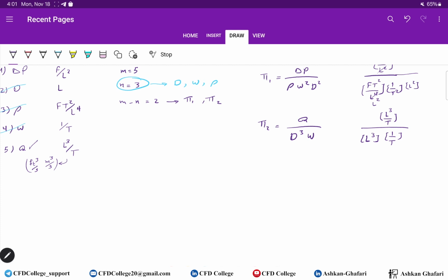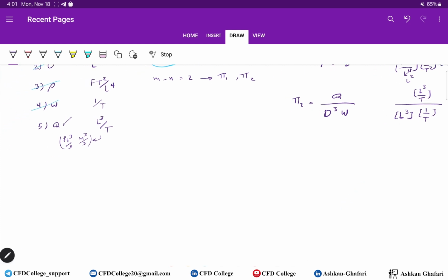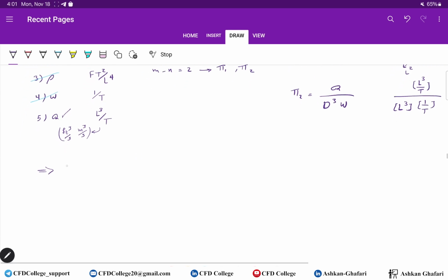So it's super easy. As you know, the final answer would be pi 1, delta P over rho omega squared D square, equals a function of Q over cubic diameter times omega.